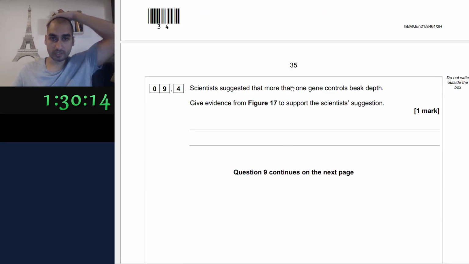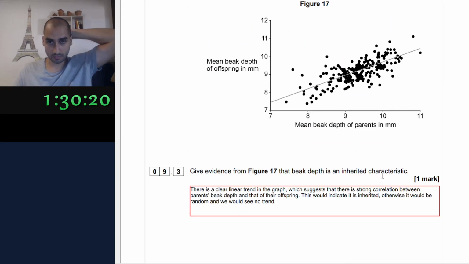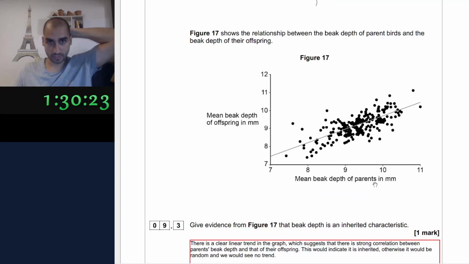Scientists suggest that more than one gene controls beak depth. Give evidence from figure 17 to support that.